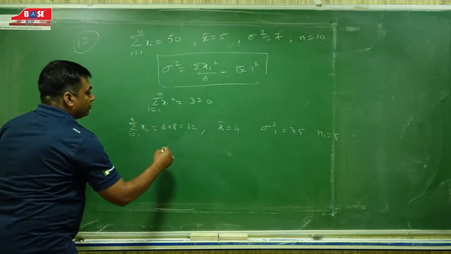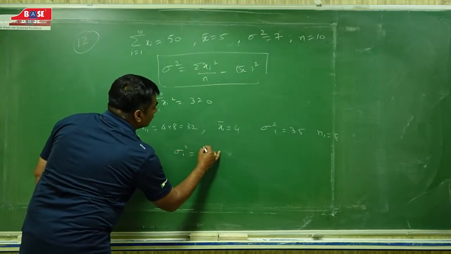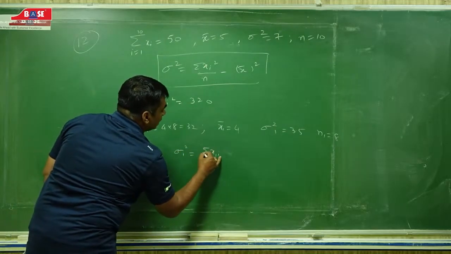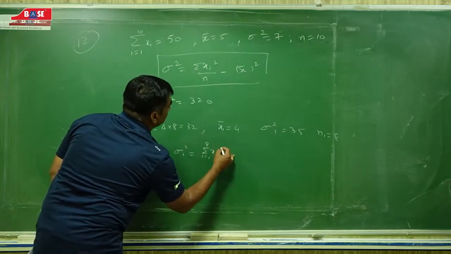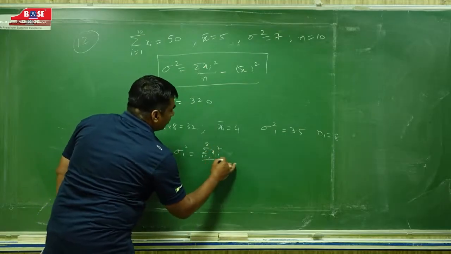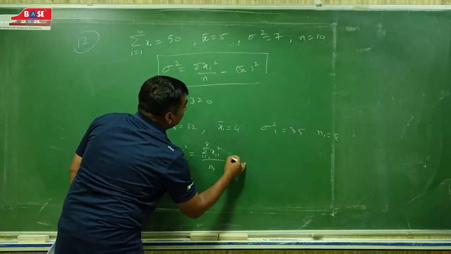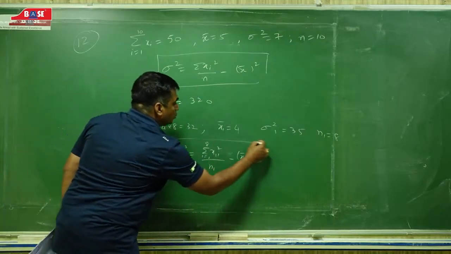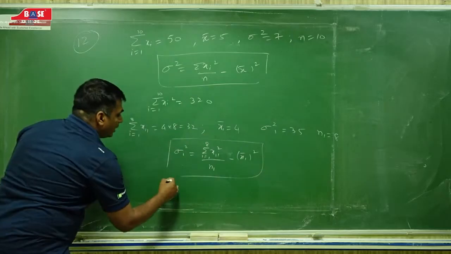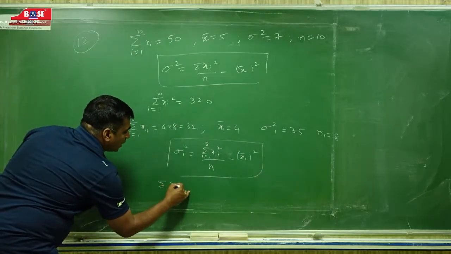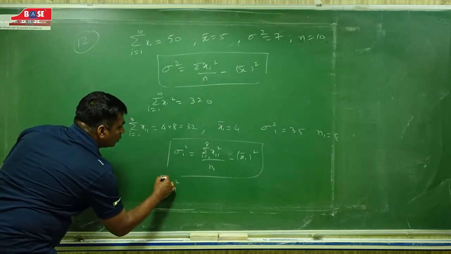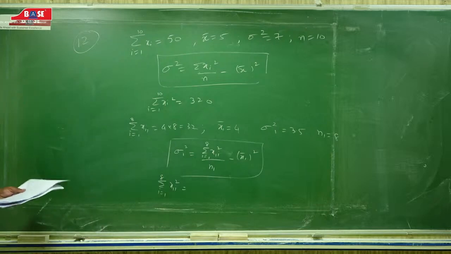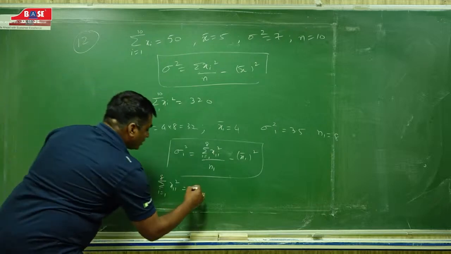Again I substitute in the formula: sigma 1 square equals summation of x1i square from 1 to 8 by n1, where n1 is 8, minus x1 bar whole square. When I substitute these values, I get the summation of x1i square from i equal to 1 to 8 as 156.